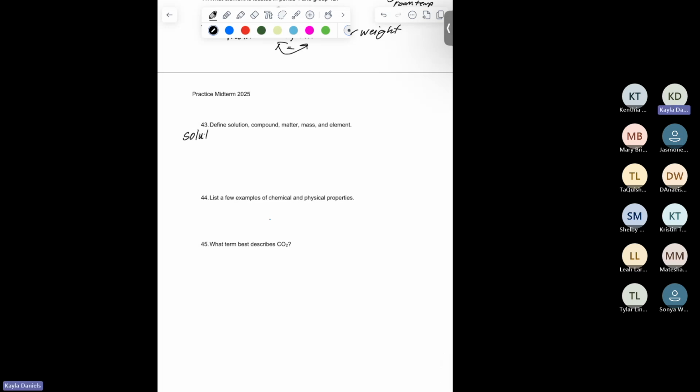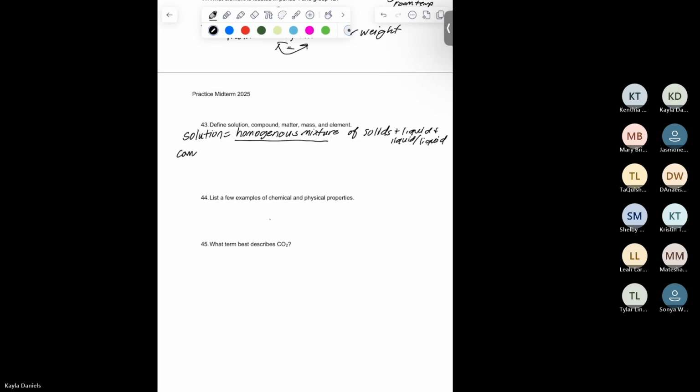So I'm just going to quickly go over these. The solution is a homogeneous mixture of a liquid and a solid or two liquids. I think the key part here is homogeneous mixture. If you see that, you should be able to identify it.